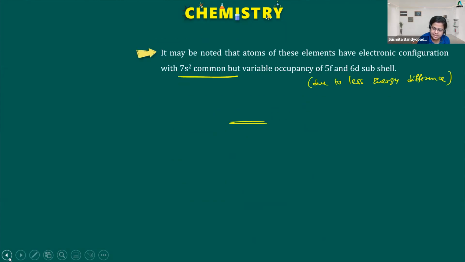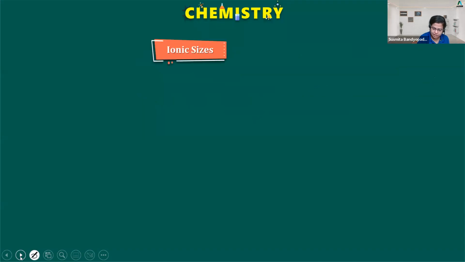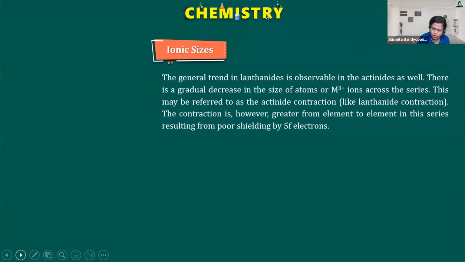Students, just like lanthanide contraction, there is actinide contraction. In ionic sizes also you will see a regular decrease. Actinide contraction is due to the poor shielding of 5f electrons.